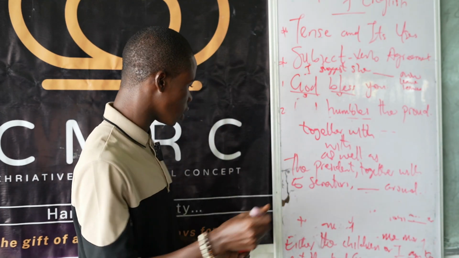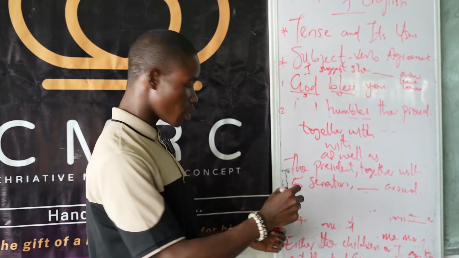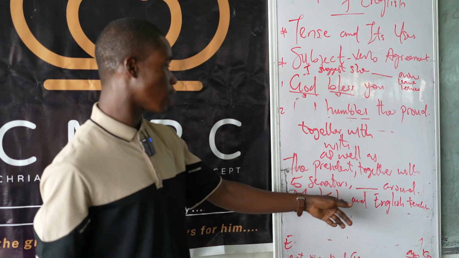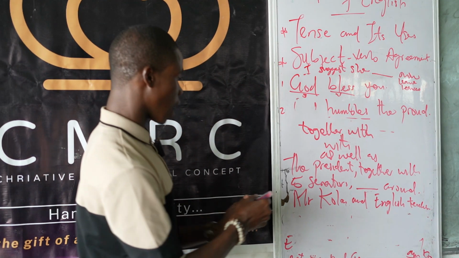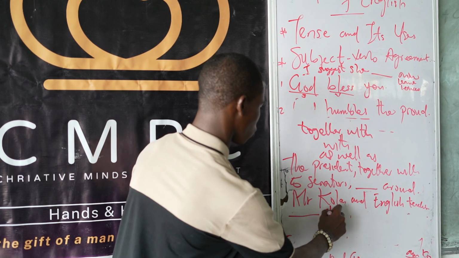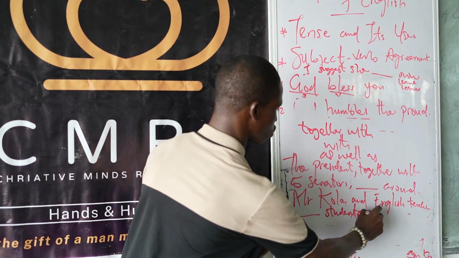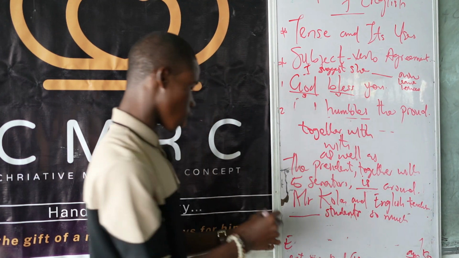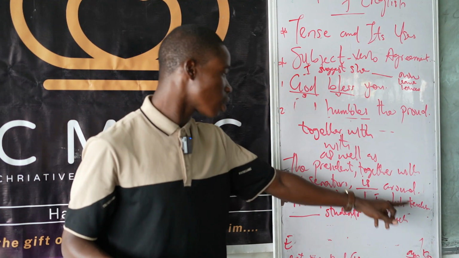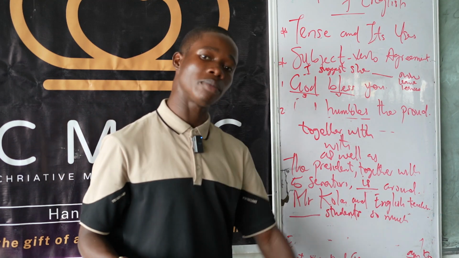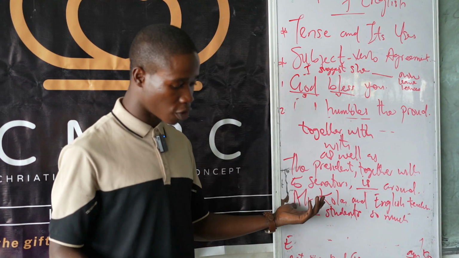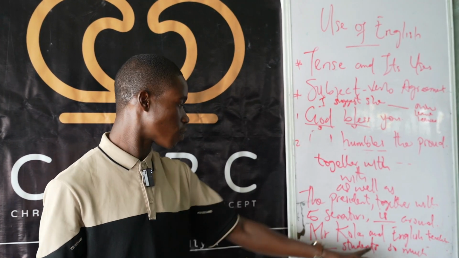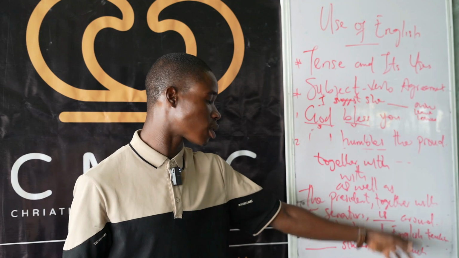For instance, you can have this: Mr. Kola and English teacher loves students so much. If I ask you what verb we would use, you might be tempted to say a plural verb. Why? Because you have seen and joining Mr. Kola and English teacher together.